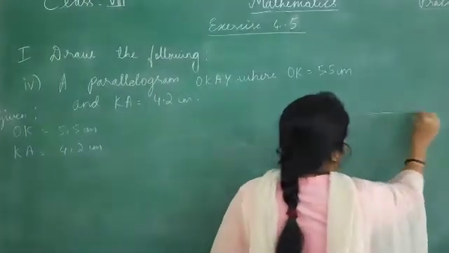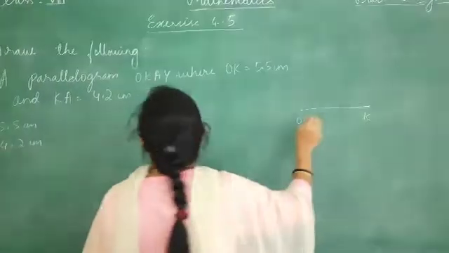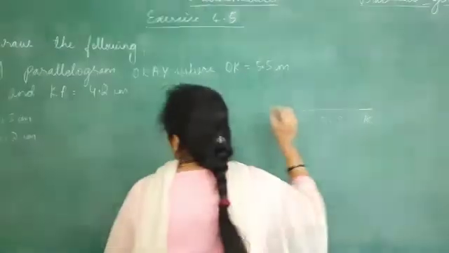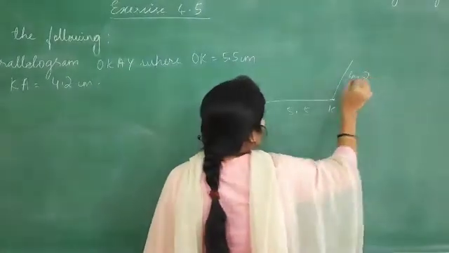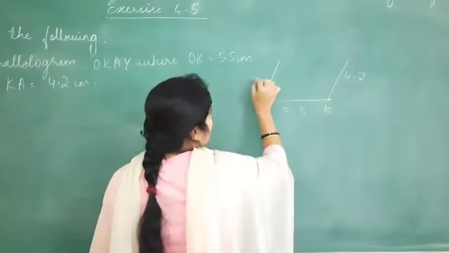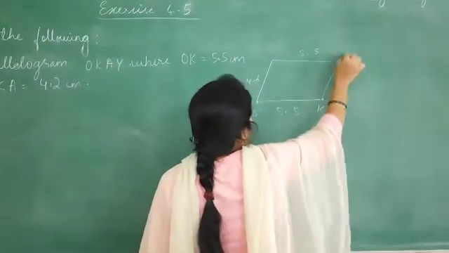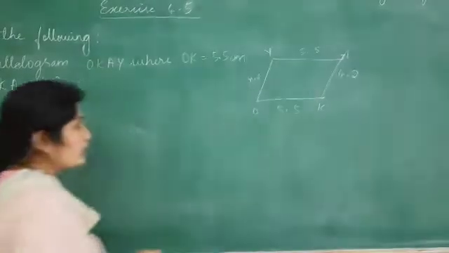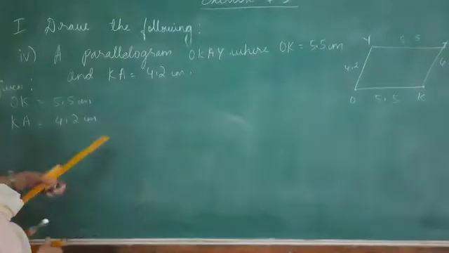OK is 5.5 and KA is 4.2. Opposite sides will be equal, so this also will be 4.2 and here also it will be 5.5. Now let me construct the parallelogram.